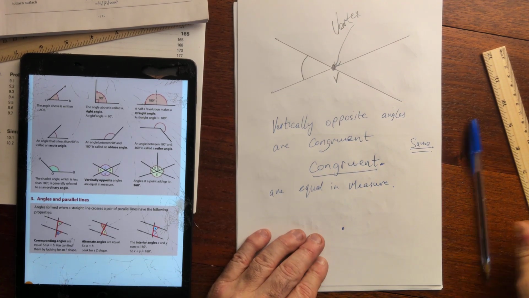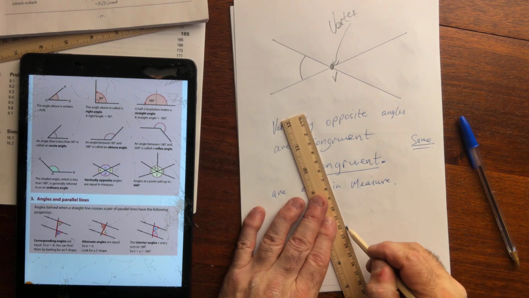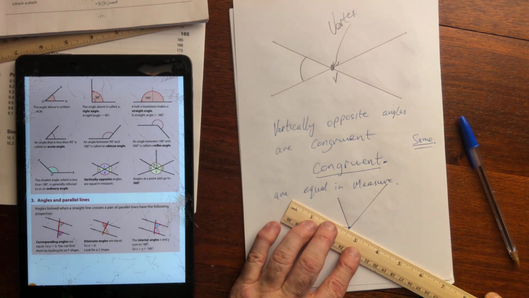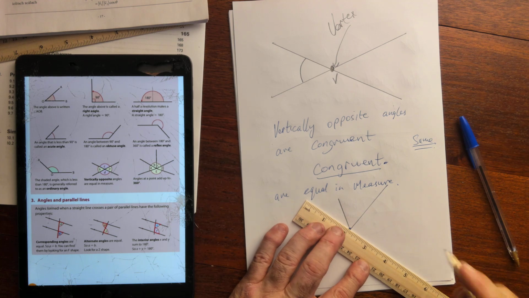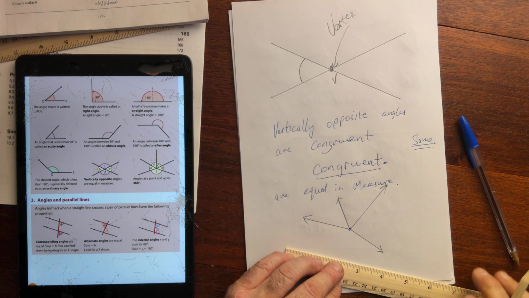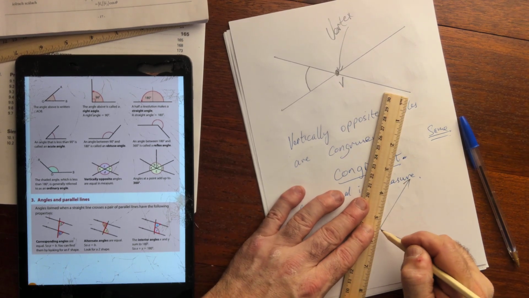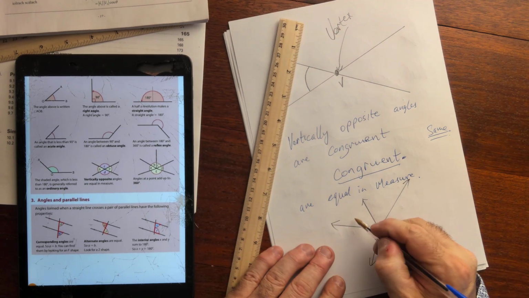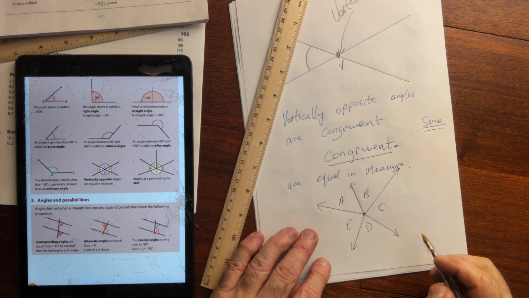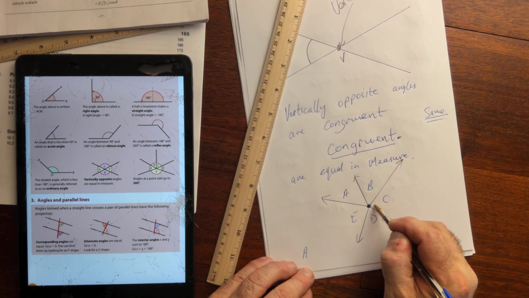So then we have angles at a point. Let's just take a point, and there doesn't have to be a straight line. If we draw out a few rays in any particular direction, you can draw as many of them as you like. Think of them as spokes of a wheel, but not all the spokes are there. They don't have to go at a particular distance or anything. They're just all heading outwards. I'll throw in another one there as well, just for a bit of variety. And we can work our way around here, calling them A, B, C, D, and E, and these five angles are all angles about a point.